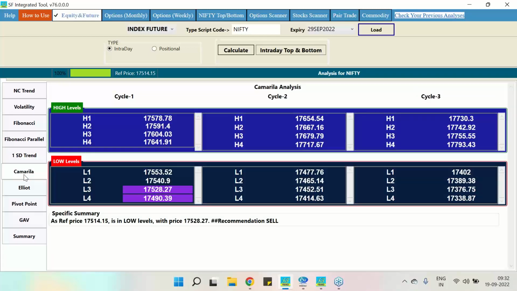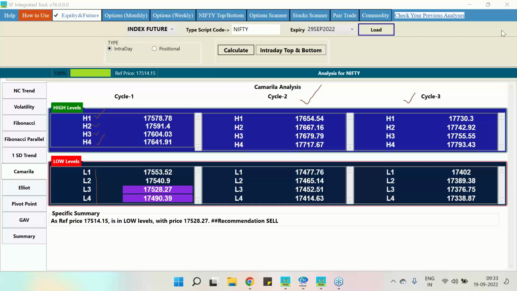What are the changes we made? Camarilla, like a pivot, used to suggest 4 resistance points and 4 support points.